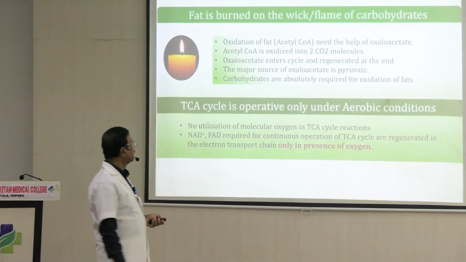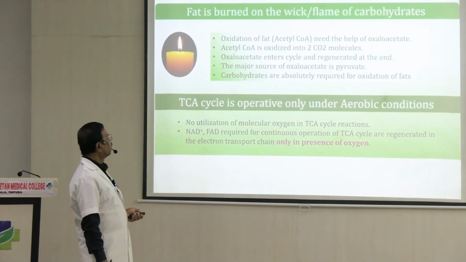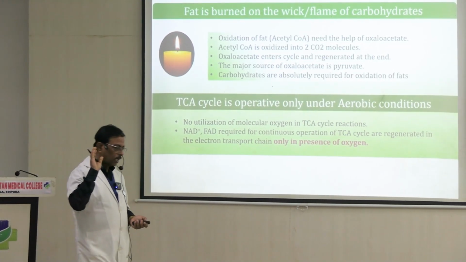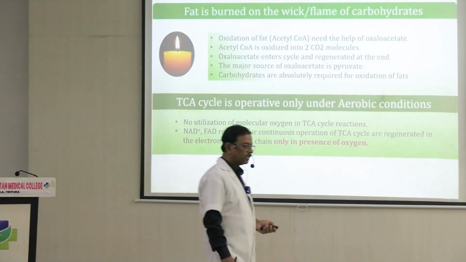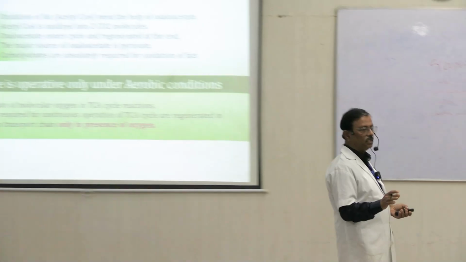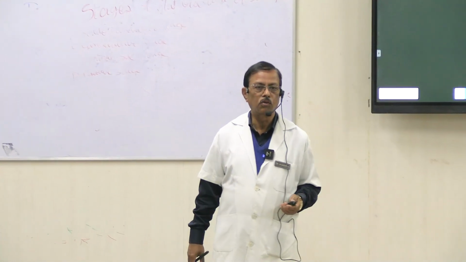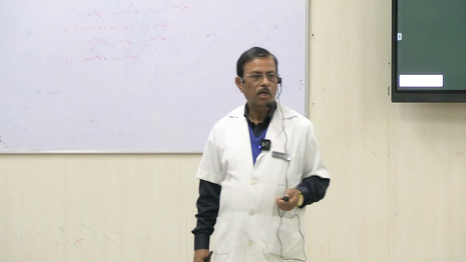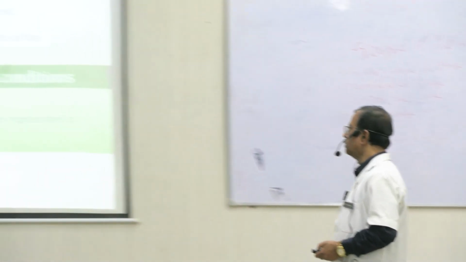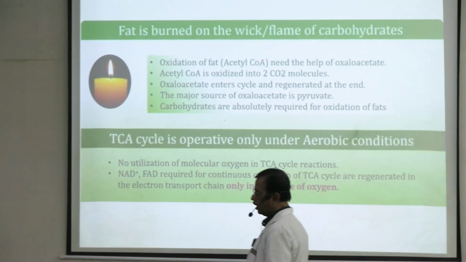Another, explain why fat is burned on the wick or flame of carbohydrate. See, from fat, that means triacylglycerol, free fatty acid is produced. Fatty acid undergoes beta oxidation to produce acetyl-CoA. Now, to undergo further metabolism, oxaloacetate is required.